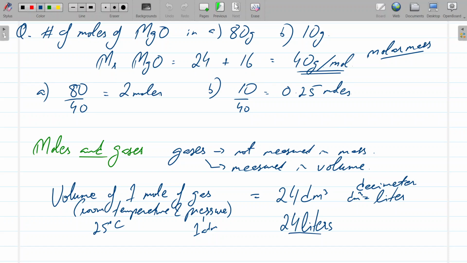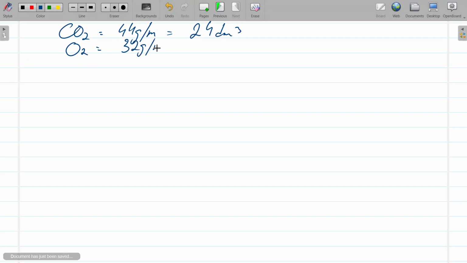And so the CO2 gas, which is 44 grams per mole, is going to occupy 24 dm cube or 24 liters of volume. O2 gas, which is 32 grams per mole, is also going to occupy the same volume at RTP.